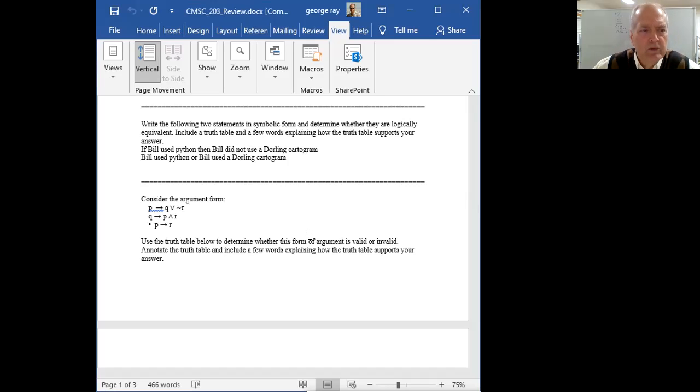So the two statements are: if Bill used Python, then Bill did not use a Dorling cartogram. The second statement is: Bill used Python or Bill used a Dorling cartogram. So take a couple of minutes and come up with your answers for this, and then we'll go over it.